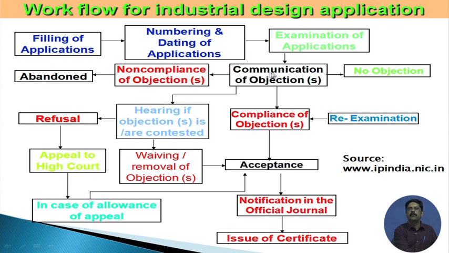If it is not novel, not a design, already prior published, or merely trivial, they will communicate all those kinds of objection. Then compliance: if you don't comply with the objections raised by the office, it will be abandoned. If you comply with the objections, then it will be accepted.